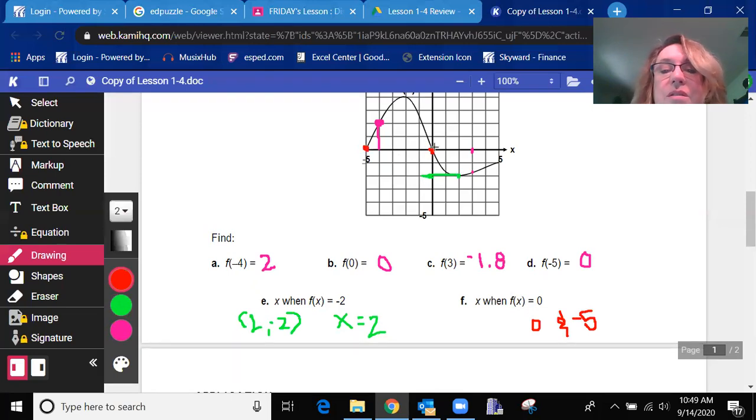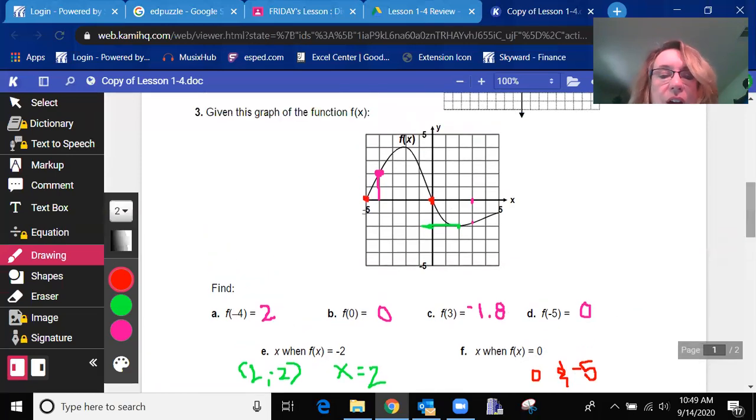Now sometimes these are the x-intercepts, or it's where the curve crosses the x-axis. And sometimes they're called the zeros because it's like, where is it equal to 0? It's equal to 0 here and here. So this one actually has 2 answers. And this is my symbol for and, unless anyone's confused about that. I'm saying 0 and -5.